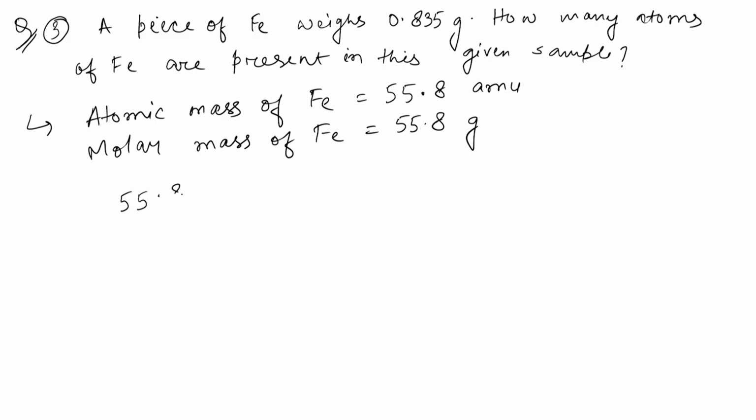So, 55.8 grams is equal to 6.022 into 10 to the power 23 atoms of iron, right?